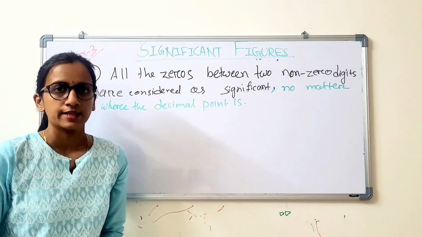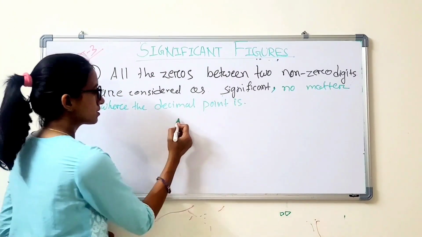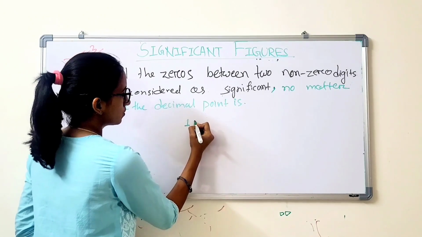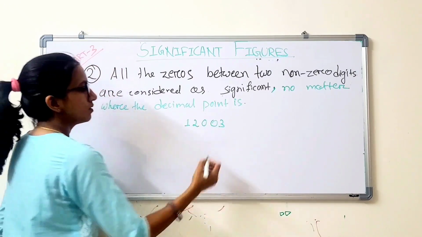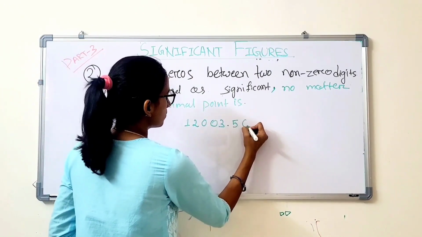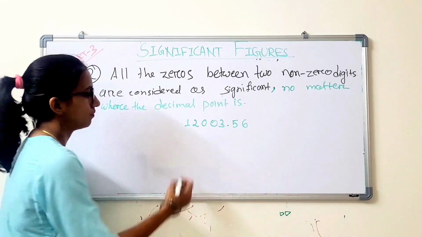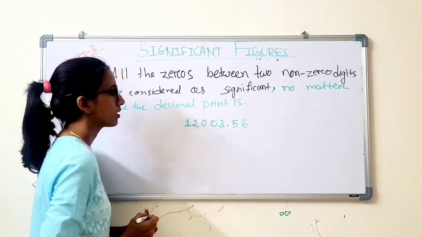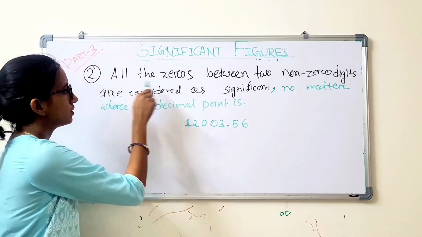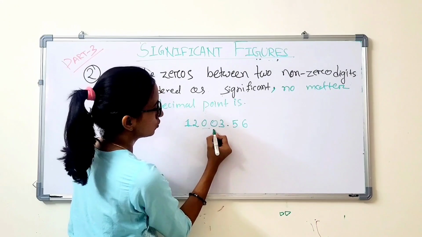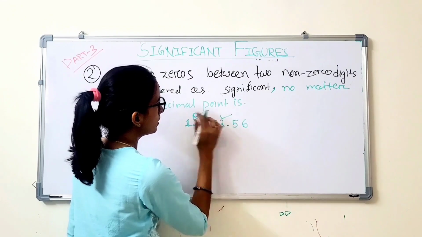So what is this? All the zeros between two non-zero digits. Suppose here 1, 2, 0, 0, 3.56. It is a measurement result, and you have to find the number of significant digits. As per the rule, these two zeros are situated between two non-zero quantities.